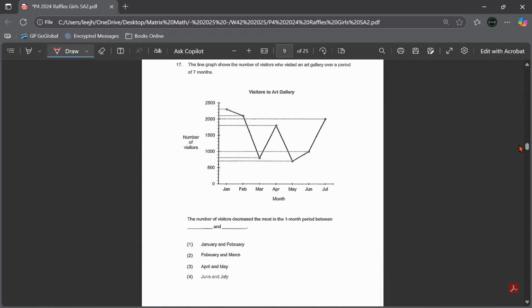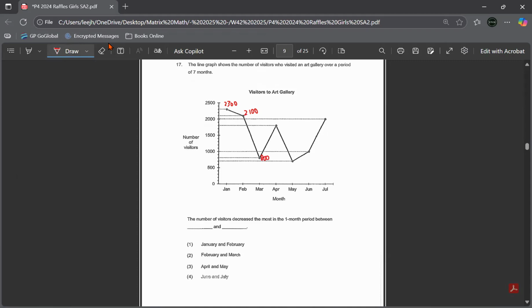Okay, so January is here. So it's 2000, 2100, 2200, 2300. So this is 2300. February is here. So 2000 is here, 2100, 2100, sorry. This one, March. So this is 500, 600, 700, 800. 800.